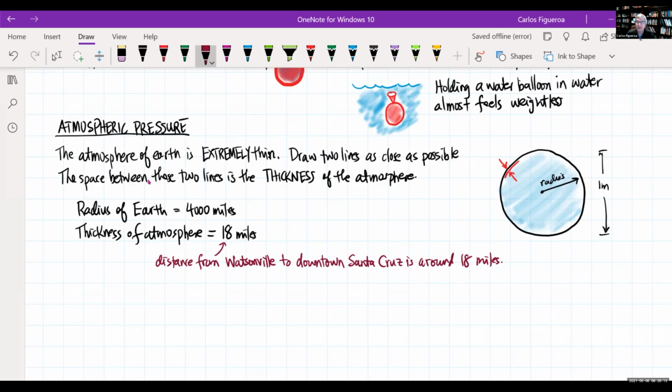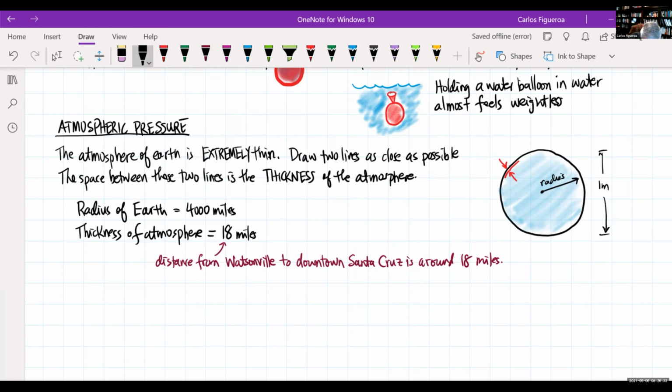Think about that. Every time you drive from downtown Santa Cruz to downtown Watsonville, you have driven the size of the sky. It's shocking how many times people think that the sky is this really, really big thing.